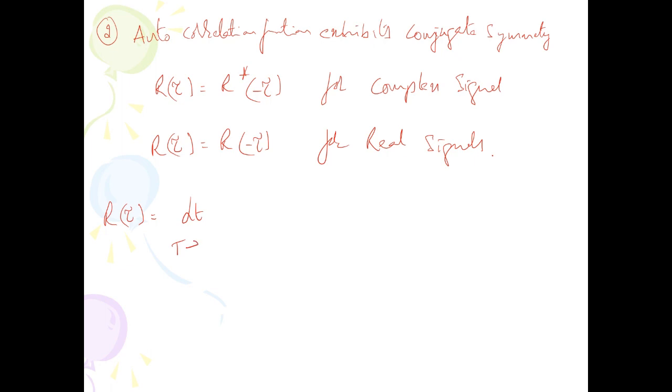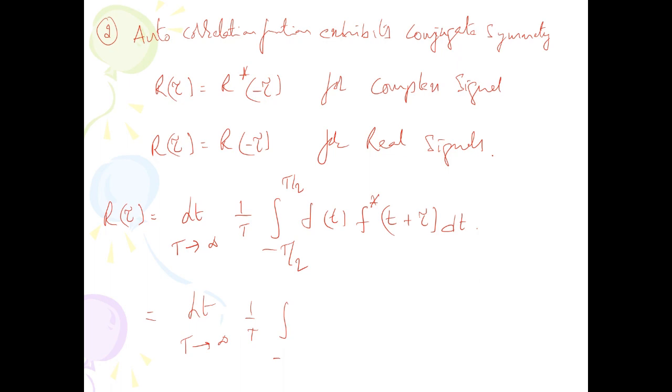So R of tau is equal to limit T tends to infinity 1 by T integral minus T by 2 to plus T by 2 of f of t and f star of t plus tau dt. Now take the complex conjugate on both sides.